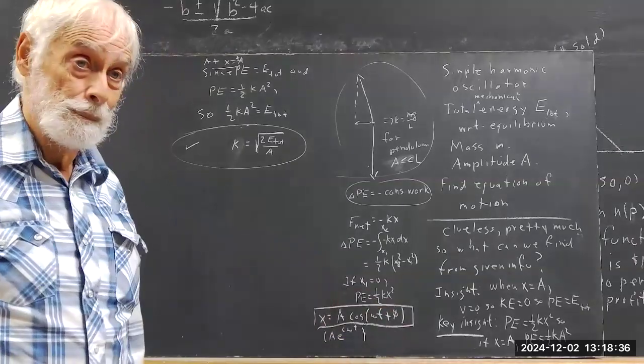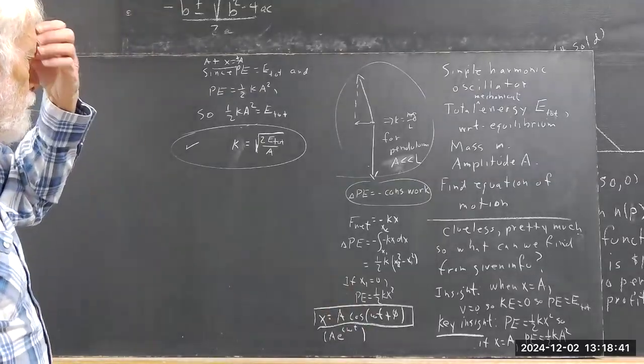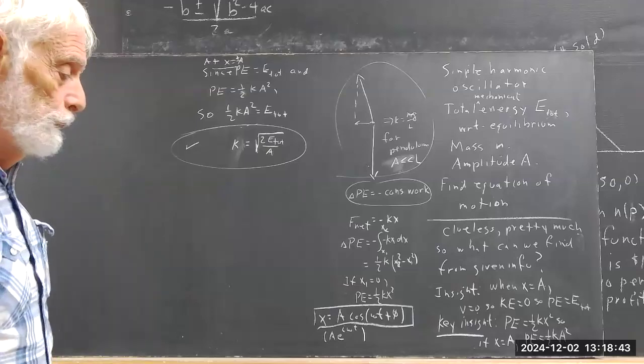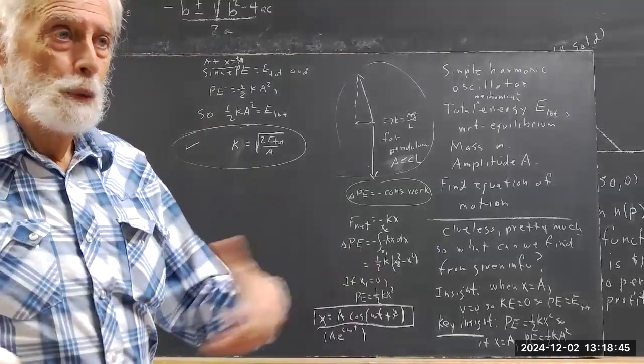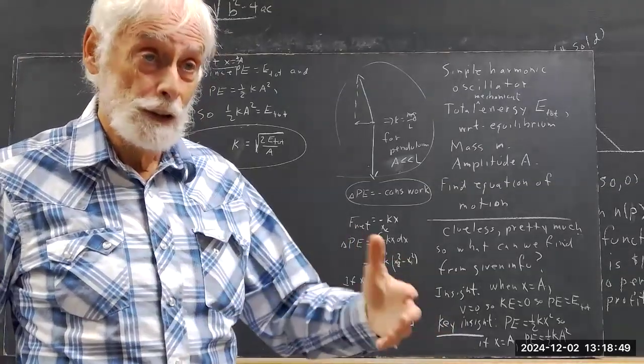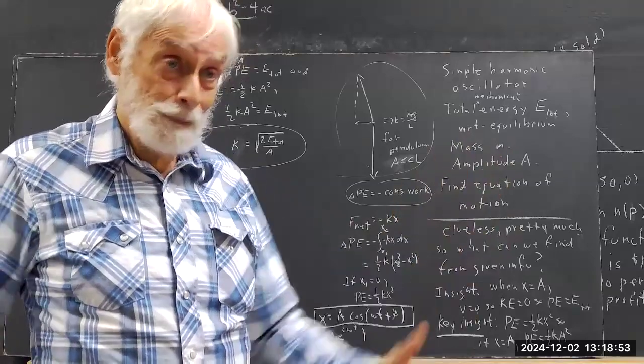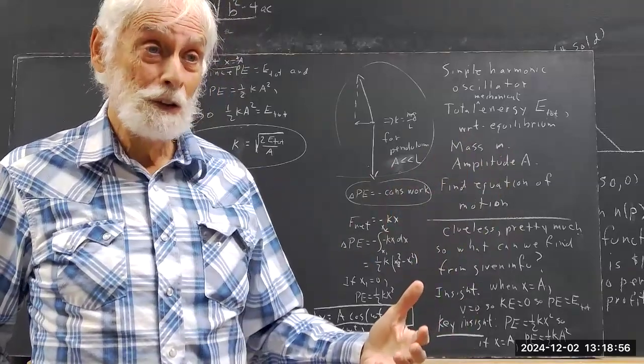We have A. Again, we need omega. I don't know what you're going to do about omega. Well, let's do what a lot of you have wanted to do. You keep wanting to go back to the equilibrium position and find the kinetic energy, right? Okay, well, that's fine. That's actually what we need to do.